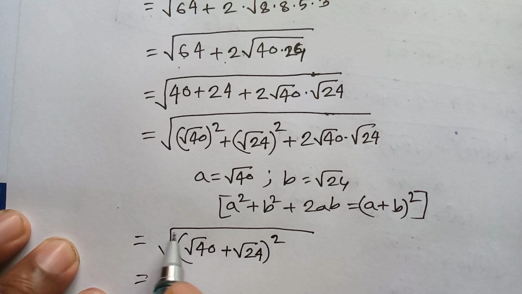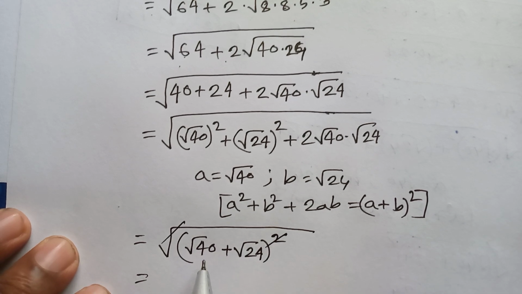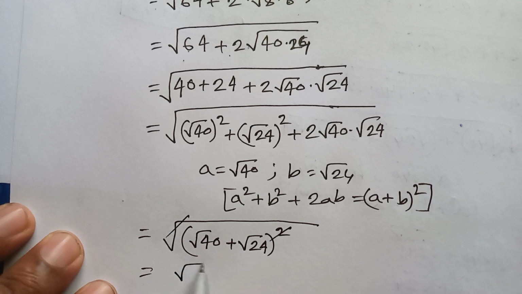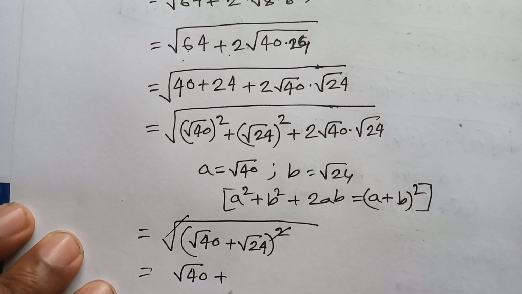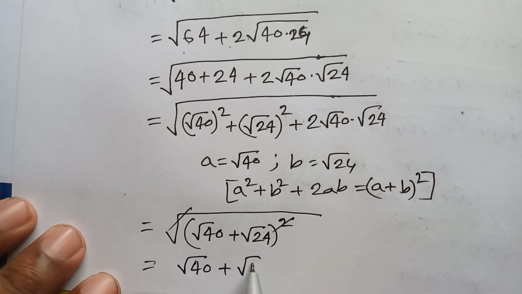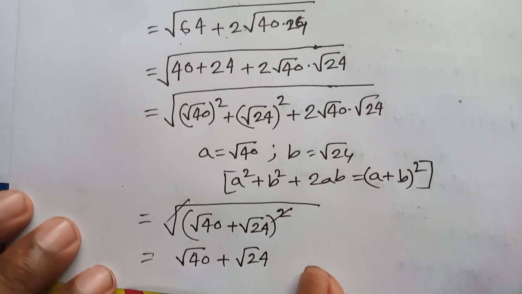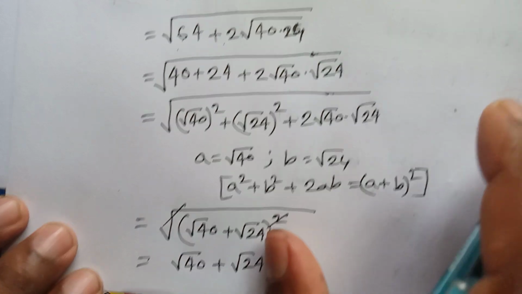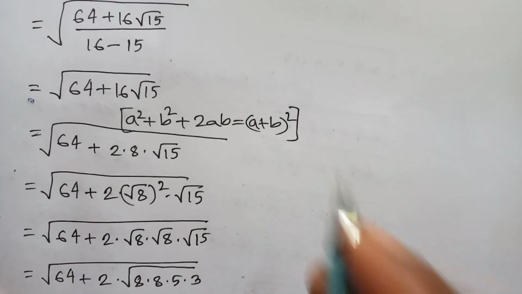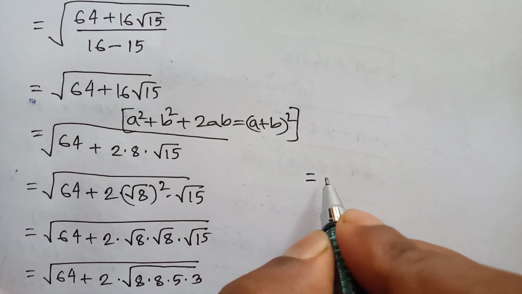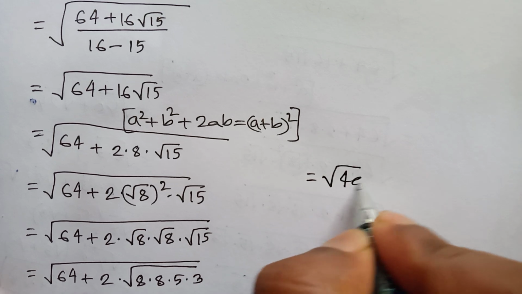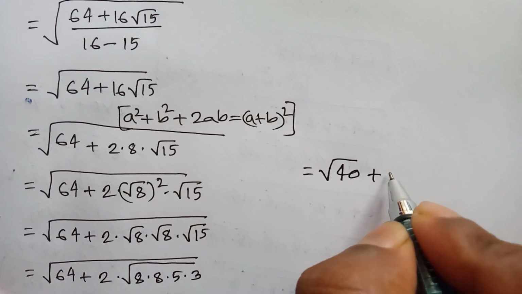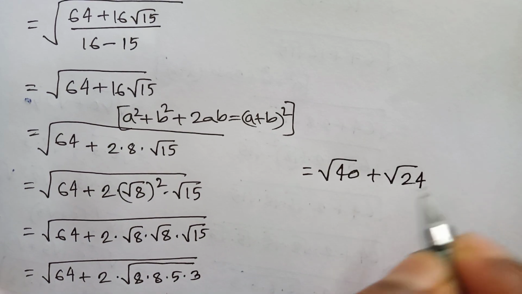And next step, the root and this square are cancelled, so we will get root 40 plus root 24.